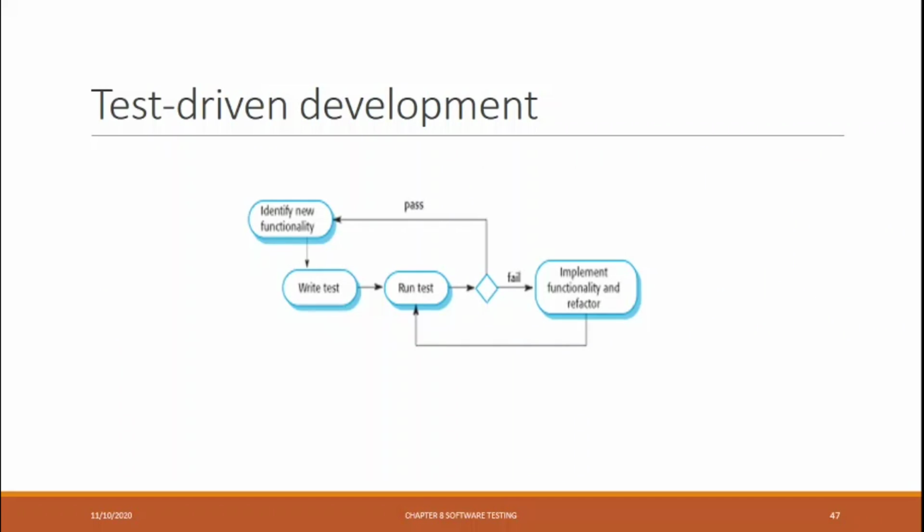In test-driven development, you identify new functionalities in the application, or you find there is a problem in the system. So write down the test case for that particular component and run it to test the system.